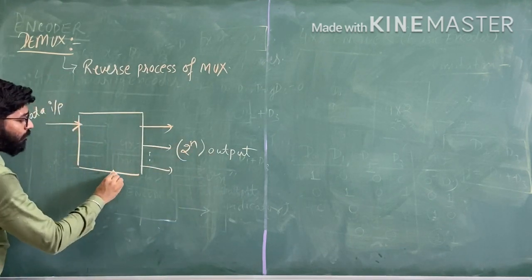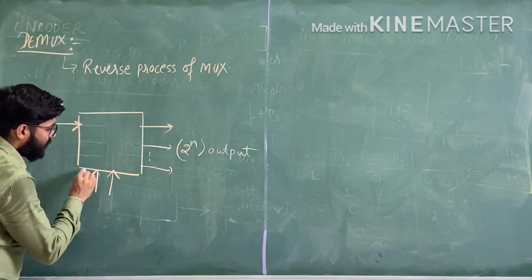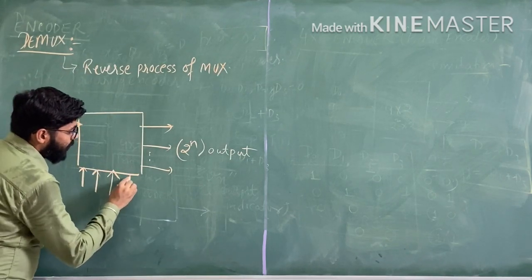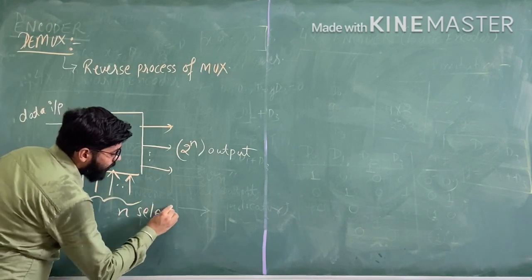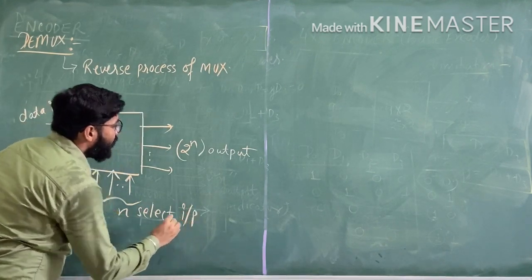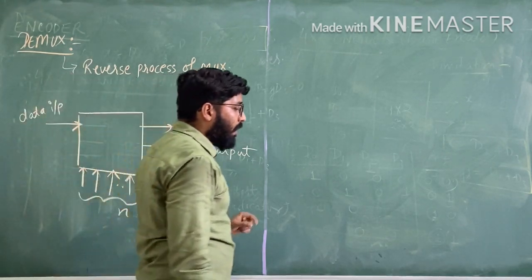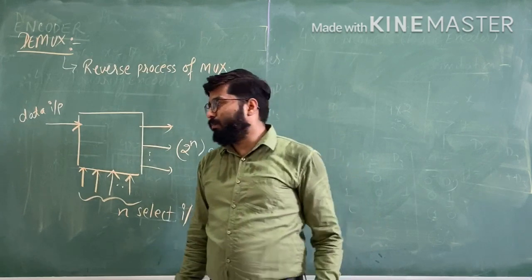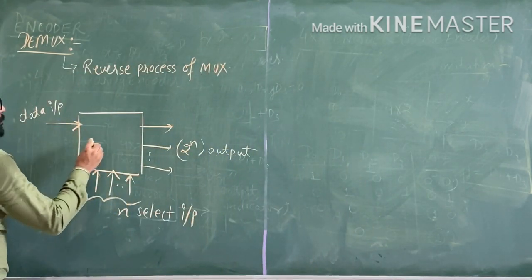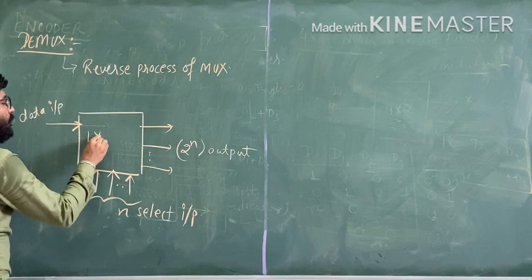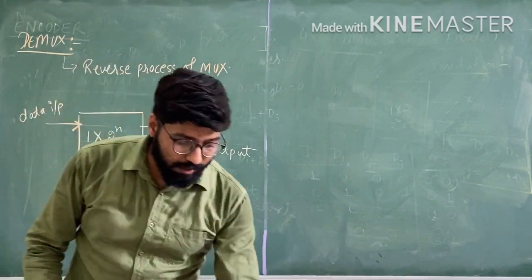With the help of the select input, suppose this is the select input, we have n select inputs, and we will get an output. So we have only one input, 2 raised to the power n outputs, and n select lines. This is the demultiplexer. It is also called 1 cross 2 raised to the power n demux.